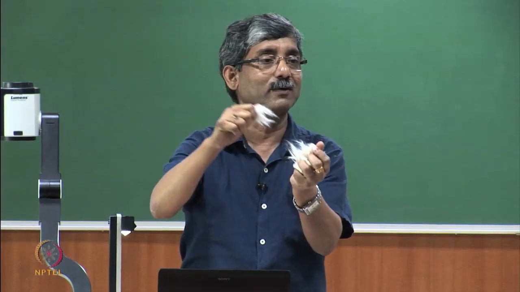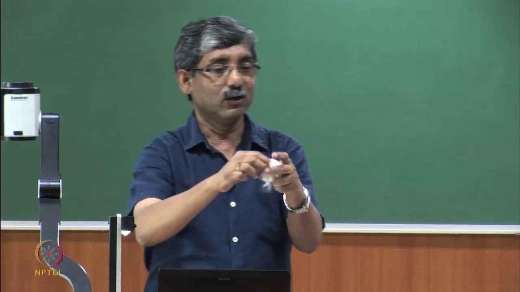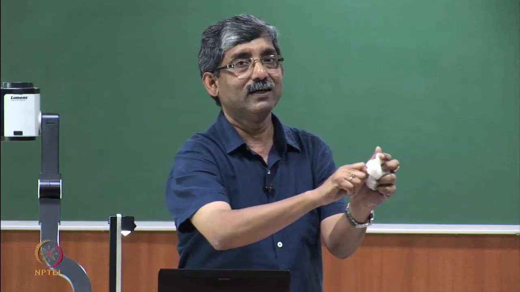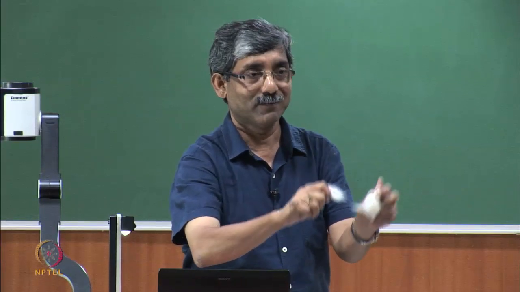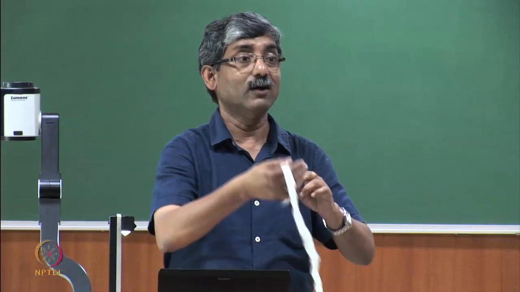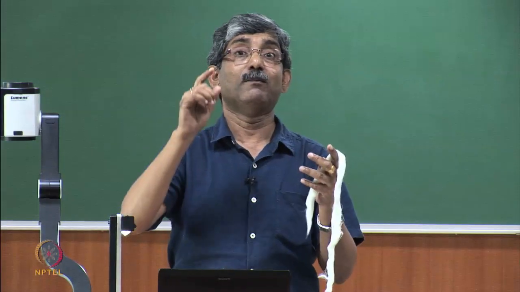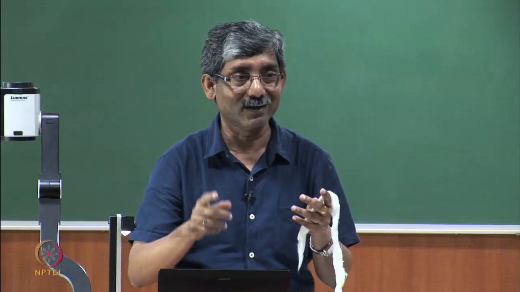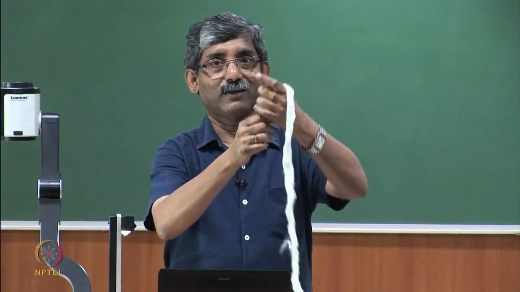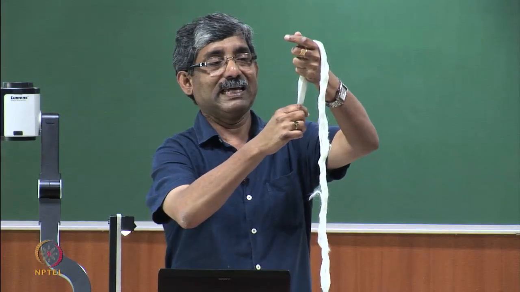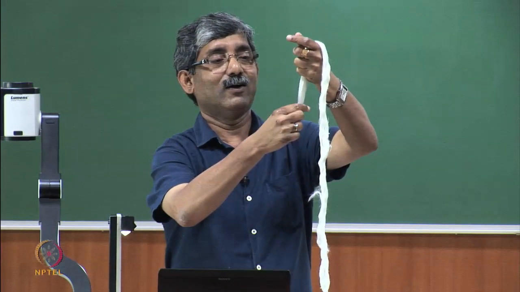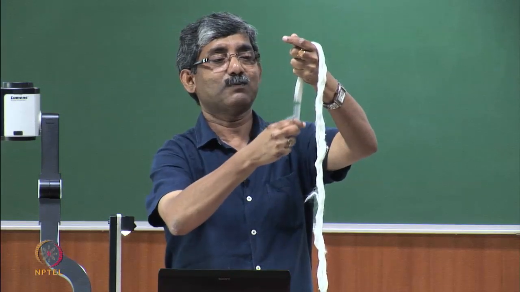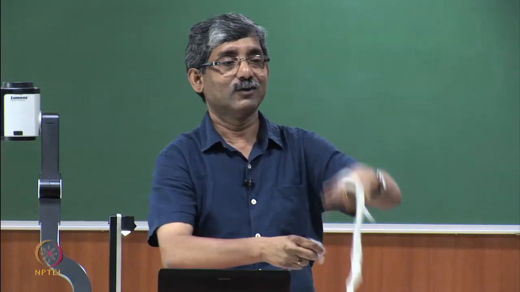Wherever we try to take from a tuft, it will be a length biased sample, but in a parallelly oriented sample, which may be roving, sliver or yarn, if we take the fibers from the end point, we are taking fibers irrespective of length.